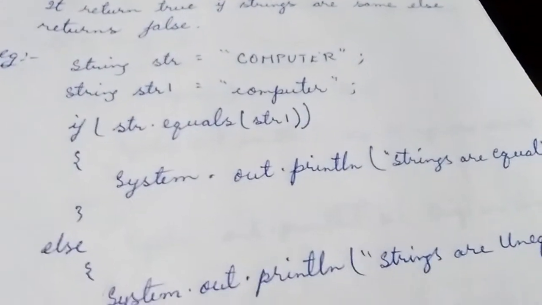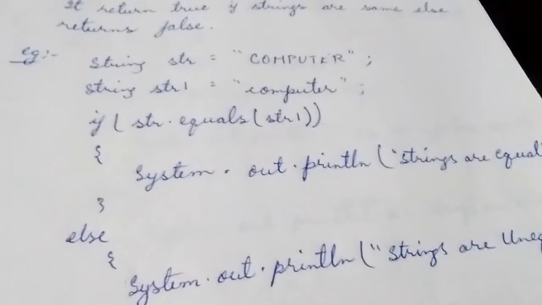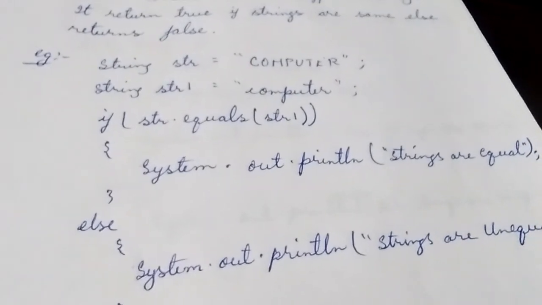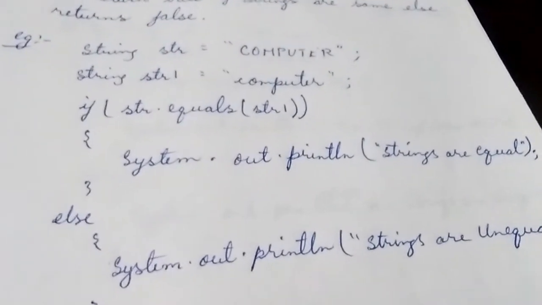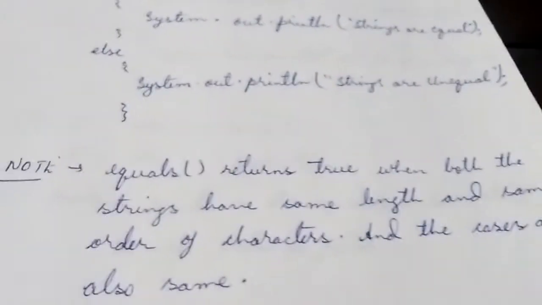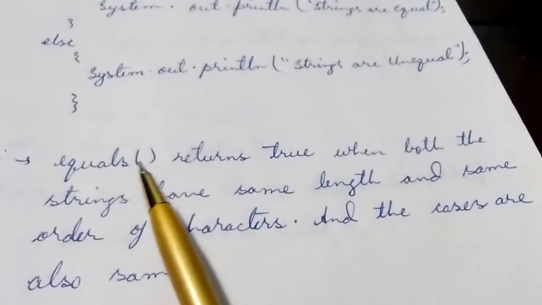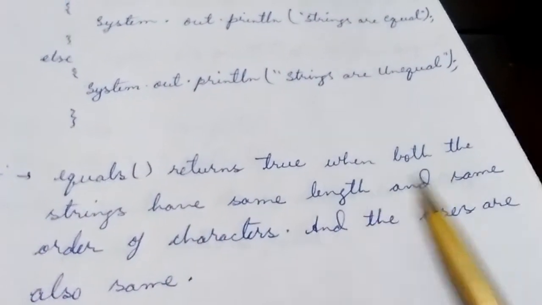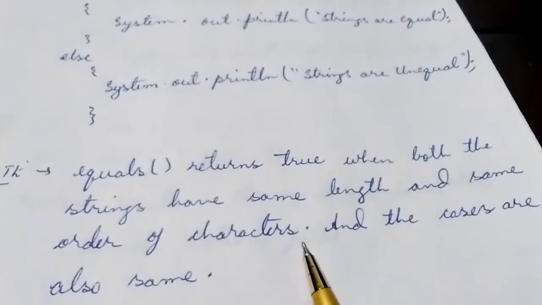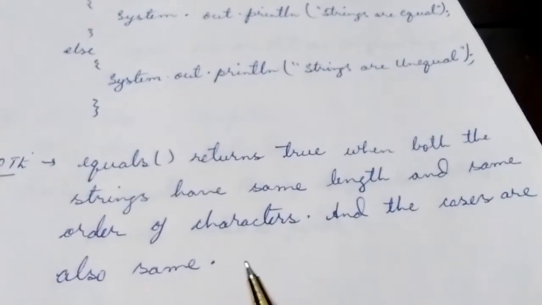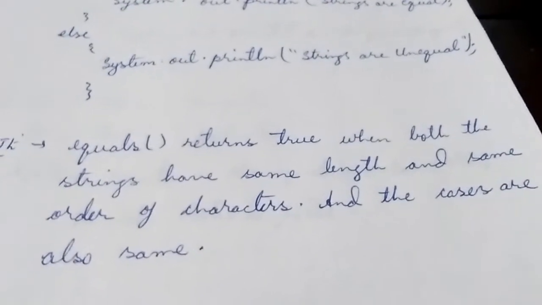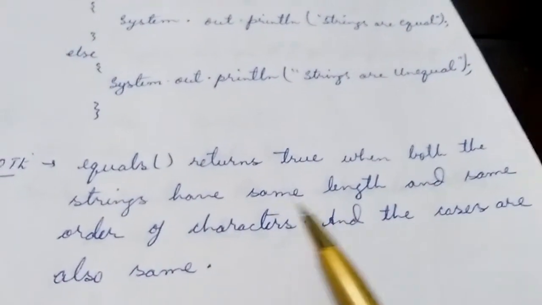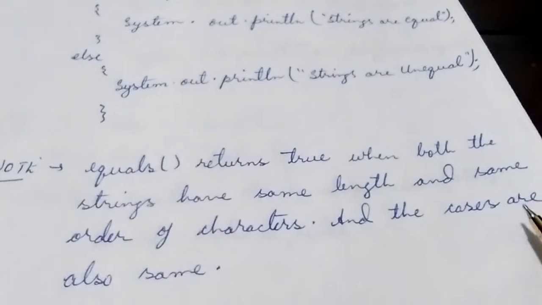We make use of this equals function in palindrome checking, or after reversing a string to check whether it is the same or not. Now it is very important to understand: the equals function returns true when both strings have the same length and the same order of characters, and the cases are also the same.